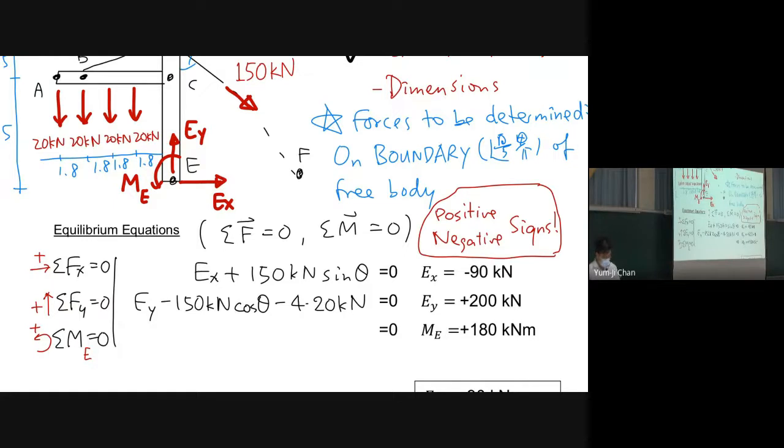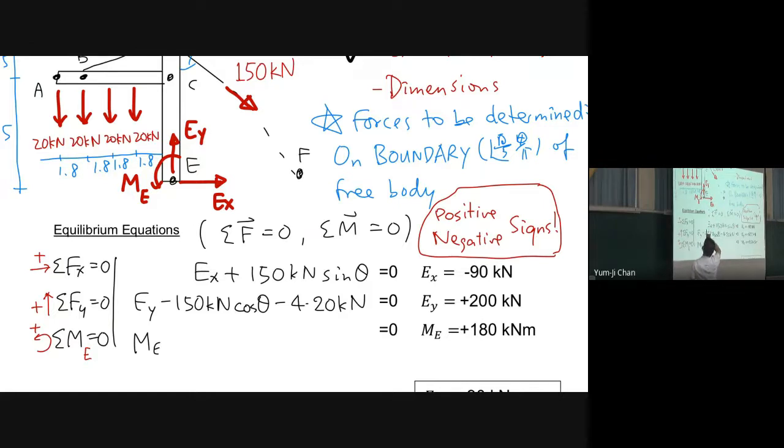And for ME, it is going anti-clockwise. We say anti-clockwise is positive. So this one is also positive, okay? So this one is ME, and ME is positive. And what else?